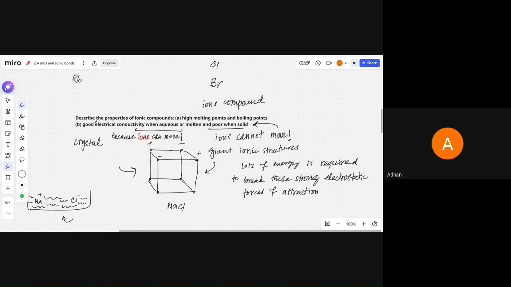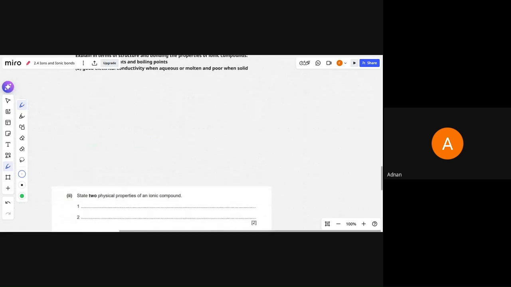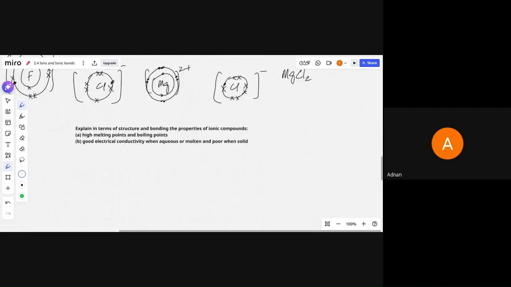And you don't need to know the reason why ionic compounds have good electrical conductivity. They have good electrical conductivity in liquid or molten state, and poor electrical conductivity in a solid state. So in extended, we explain these concepts, which I already explained in relation to that topic in the core syllabus.